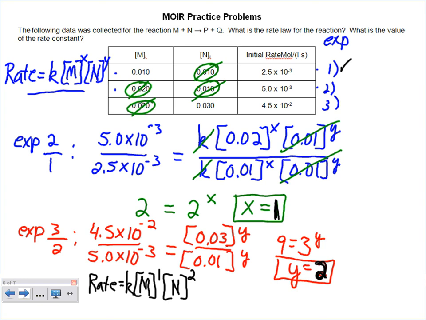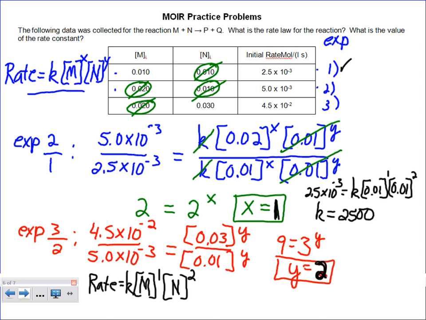So I can go ahead and say, I'm sorry, this is going to be sloppy, 2.5 times 10 to the negative third is equal to K times 0.01 raised to the first, and then 0.01 raised to the second. So when you go through and solve this, I'm going to let you guys throw this into your calculator, but you end up getting K equals 2,500.